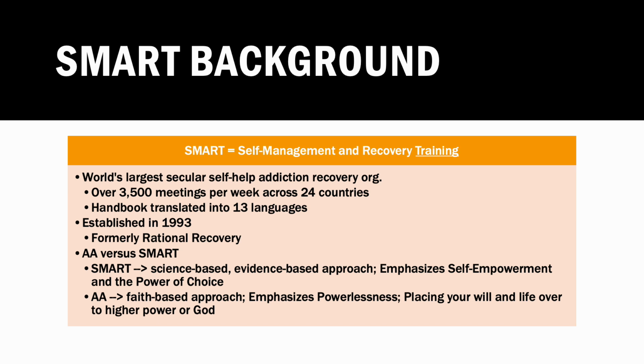The organizations are quite different in that AA is a faith-based organization promoting powerlessness by surrendering one's will and life over to a higher power or God, whereas SMART is a science-based organization that promotes empowerment through greater self-awareness and more rational decision-making that aligns with personal goals, values, and well-being.